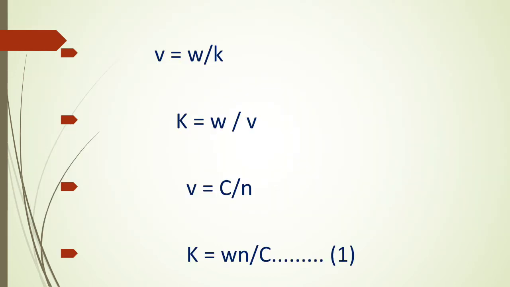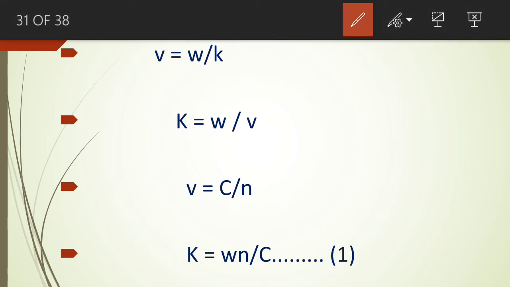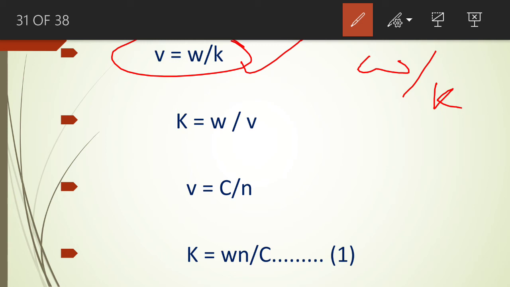Okay, so now we consider the speed of the wave in any medium. The speed of the wave can be calculated with the help of the angular frequency and the phase constant. If the speed is known, we can calculate the phase constant with the help of omega divided by v.